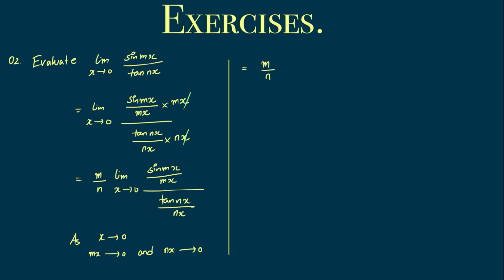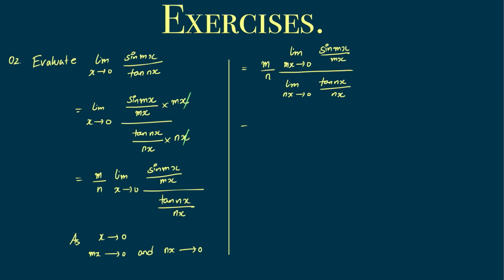And now as you know that we can distribute limit to the fraction also, to numerator and denominator also. Okay, so I can write limit mx tends to 0 sine mx by mx whole divided by limit nx tends to 0 tan nx by nx.